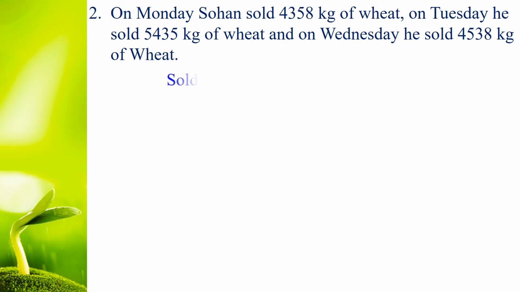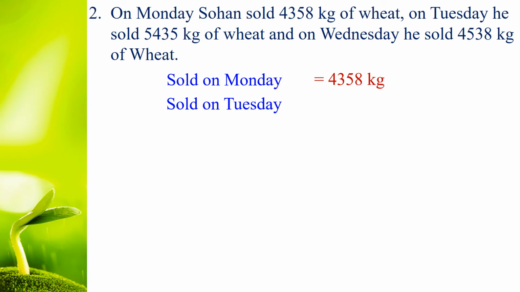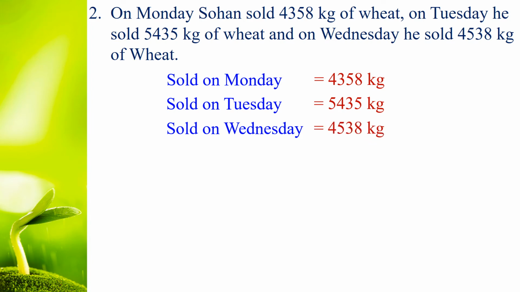Let's write: sold on Monday equals 4,358 kg. Sold on Tuesday, 5,435 kilogram. Sold on Wednesday, 4,538 kilogram.